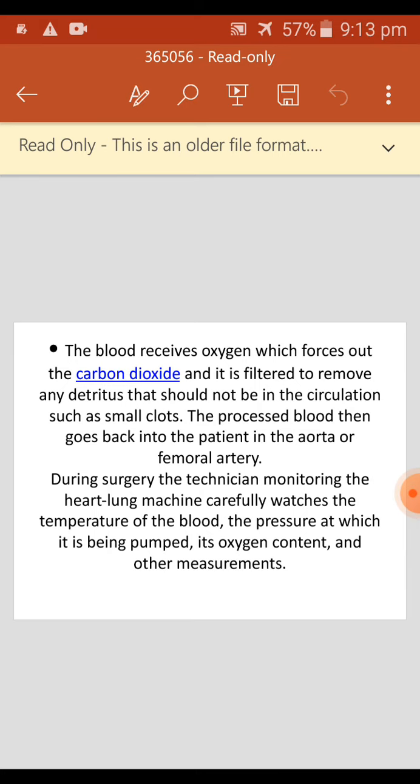Additional HLM components: heater cooler device. This is also called a heat exchanger. The heater cooler device delivers water with a temperature ranging from 2 to 42 degrees Celsius. The heat exchanger contains two chamber pumps that ensure the delivered water does not cause a buildup of overpressure in the circuits.